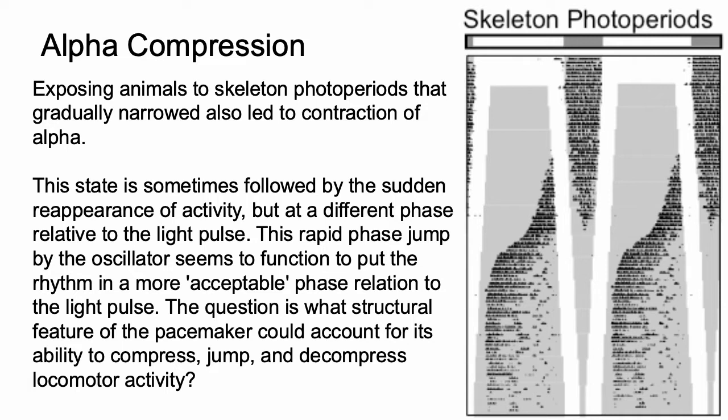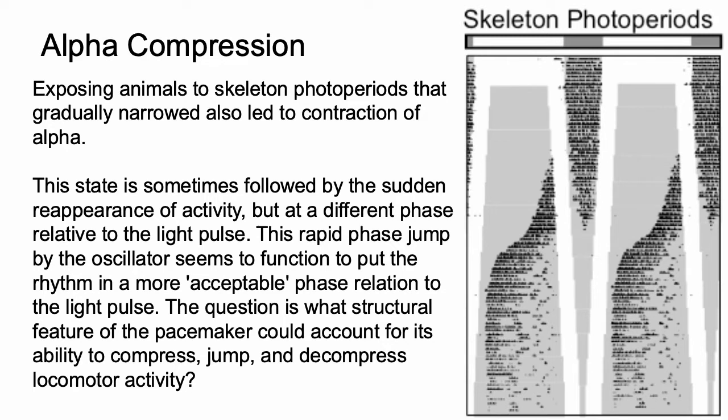As you can see over time, as we go down through the days, they widen the skeleton light period, so that the night period in the middle gets narrower and narrower as the end of one photoperiod gets closer to the beginning of the next light period. As you might imagine, the activity gets narrower and narrower.